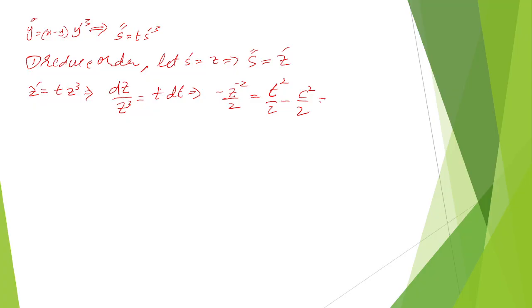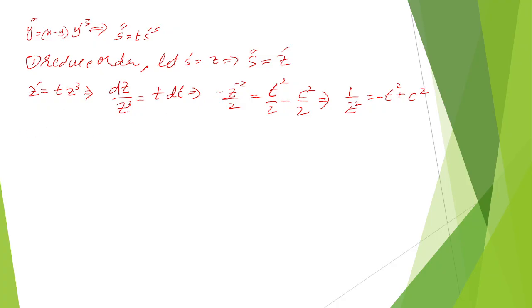This implies that 1 over z square is equal to t square minus c square. No, this is minus t square plus c square, because we multiply the equation with a minus sign. This is plus, minus, and plus.